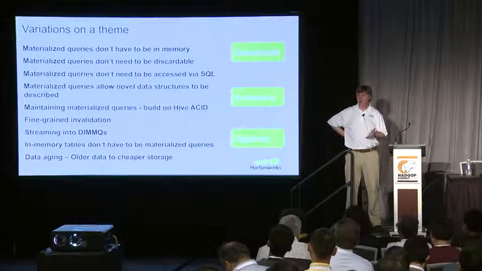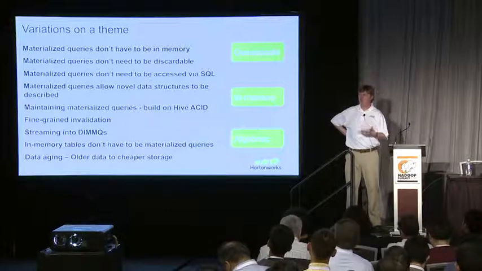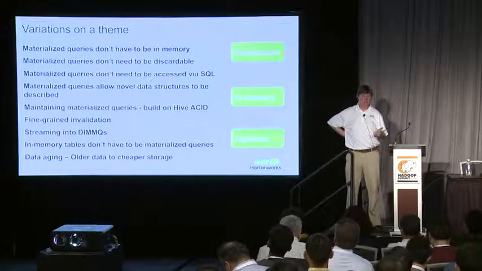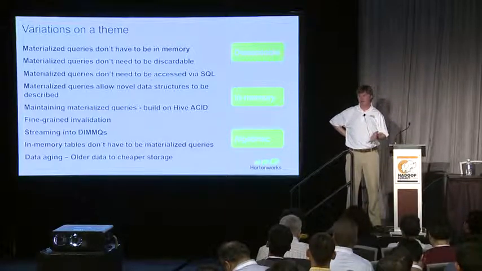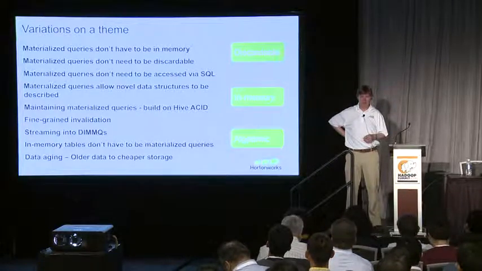As I mentioned earlier, these things allow novel data structures to be described. So even if you're not interested in dynamic caching, if you wanted to define, let's say, a B-tree index in Hive, Hive doesn't have a B-tree index as far as I'm aware. I think it had some form of bitmap indexes.